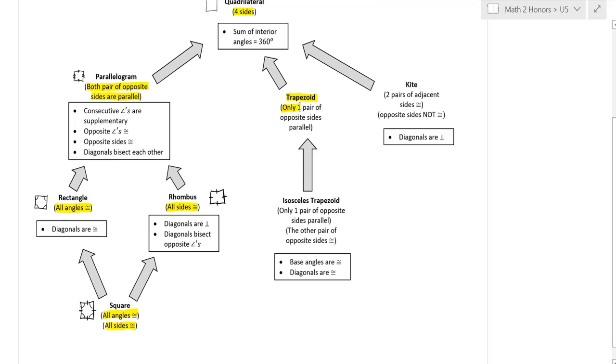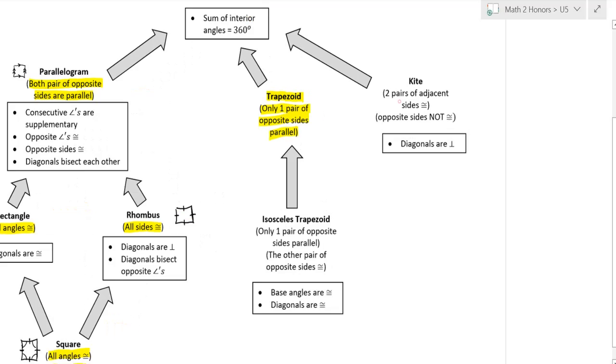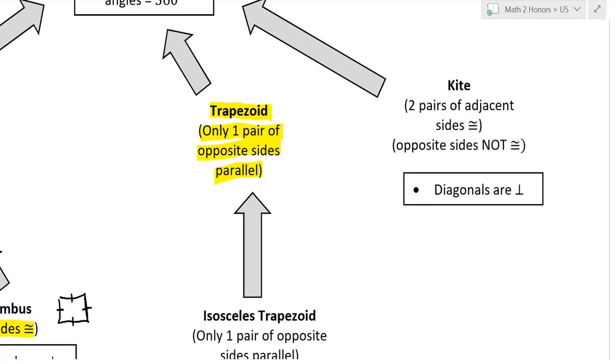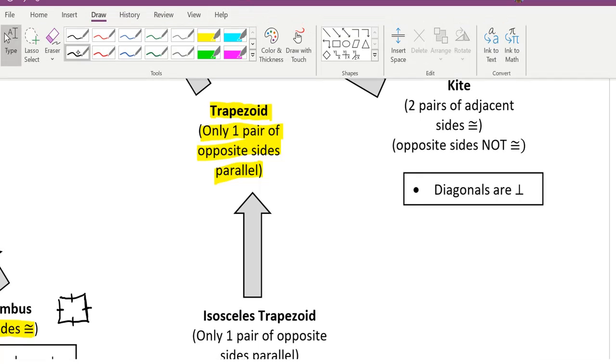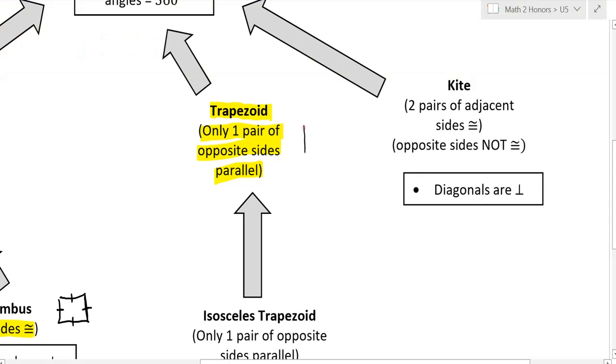There are a few other types of quadrilaterals that are not parallelograms, and one is the trapezoid. In a trapezoid, you only have one pair of opposite sides parallel, so it could be the top and the bottom are parallel, or it could be the left side and the right side are parallel. Let's just say the top and the bottom are parallel.